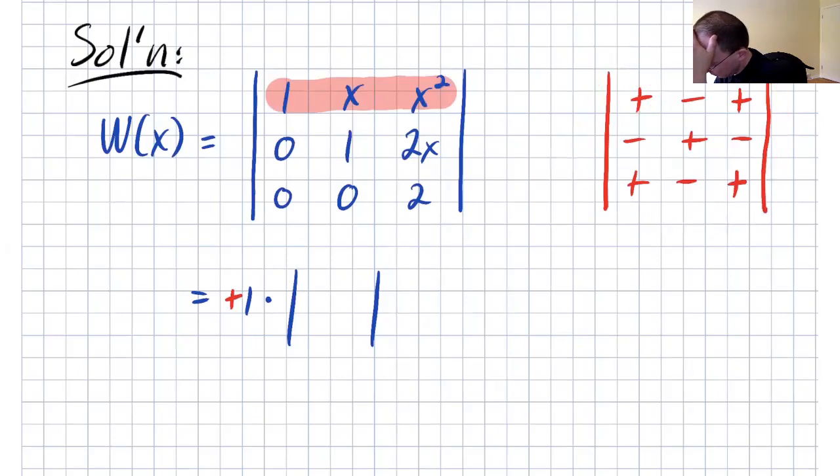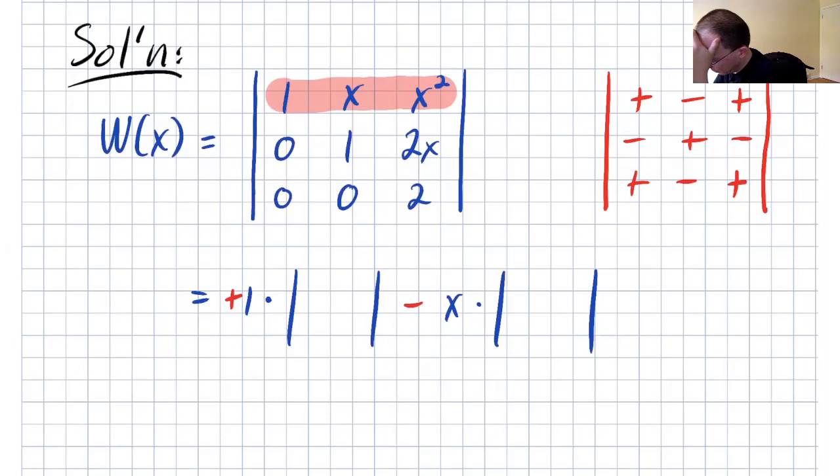And then we do minus, because the next sign is minus, x times a 2x2 matrix determinant.